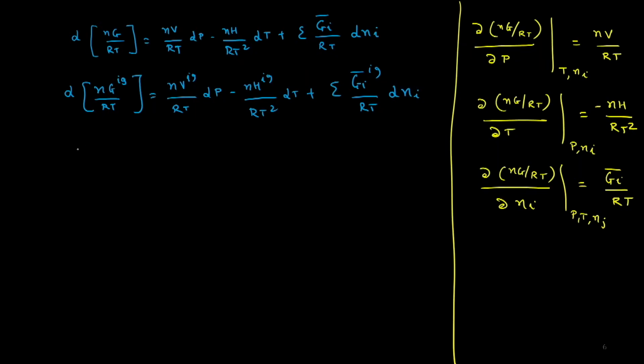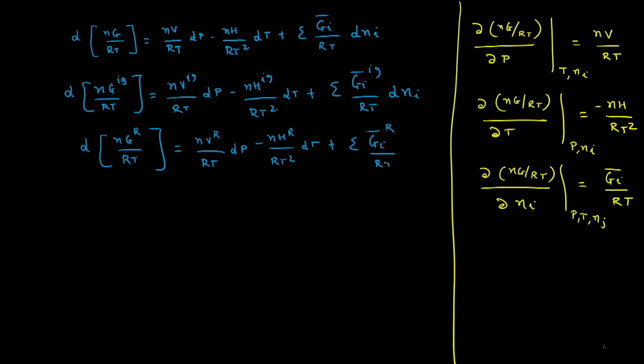I can subtract one from the other so that I get d of nG^R by RT. This is the residual Gibbs free energy. If you recall, the definition of residual Gibbs free energy is G minus G^ig, is nV^R by RT dP minus nH^R by RT squared dT plus sigma G_i bar R by RT dn_i. Right?